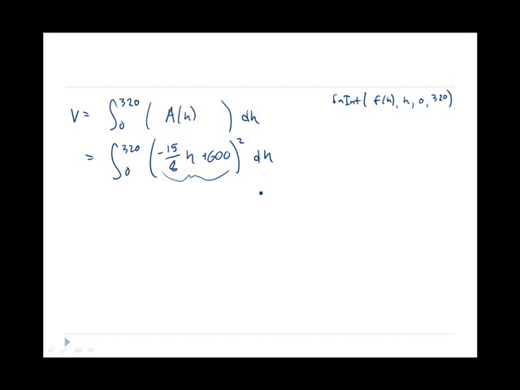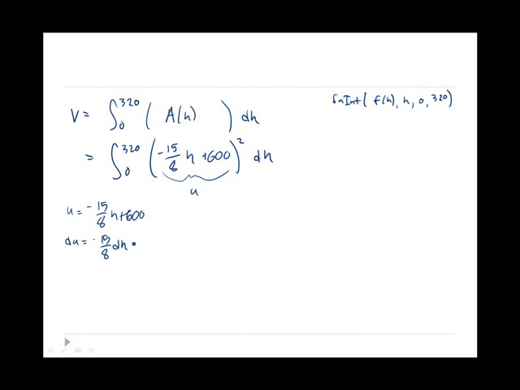Okay, if we were asked to integrate this by hand, though, we could do that. And we would just let u be this part inside here. So u would be negative 15 over 8h plus 600, which means that du would be negative 15 over 8 dh. It's just the derivative of this u function times dh.